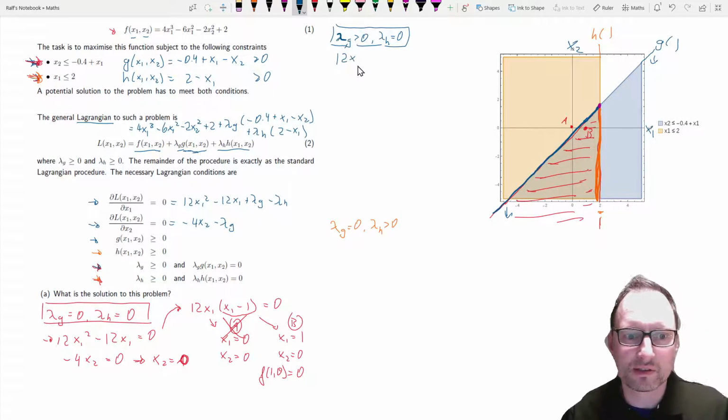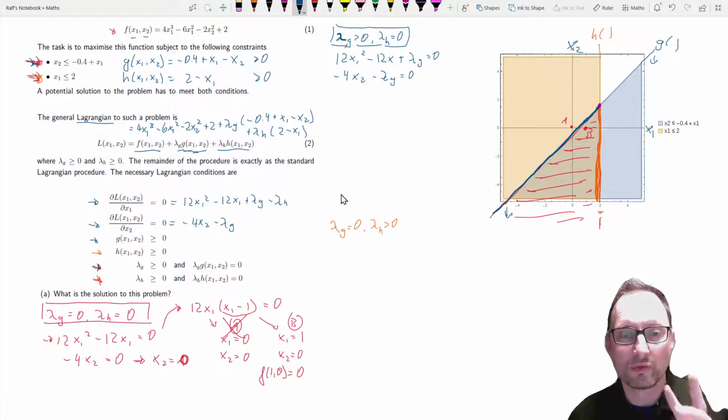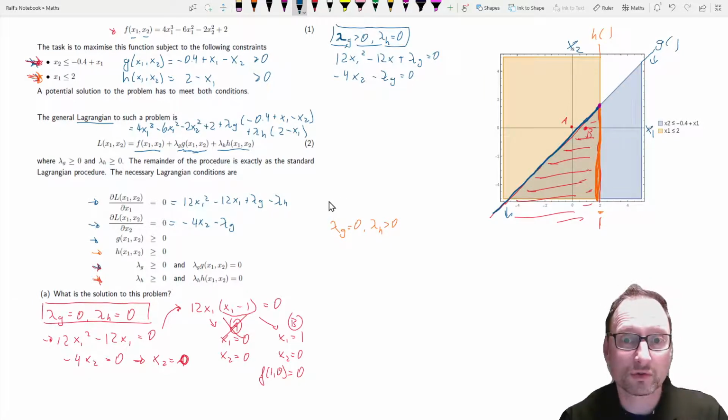We have 12 x1 squared minus 12 x1 plus lambda G is equal to 0, and minus 4 x2 minus lambda G is equal to 0. So we have 2 equations so far with 3 unknowns, x1, x2, and lambda G.